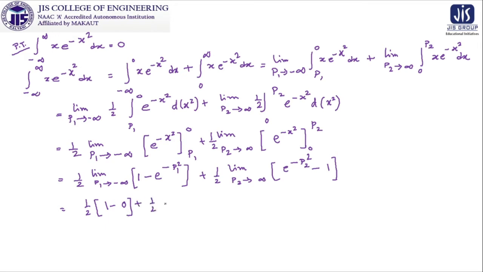Similarly, plus half, p2 tends to infinity, p2 square tends to infinity, e to the power minus p2 square means 1 by e to the power infinity, which means 0, then there is a minus 1. Okay, so what we get finally, half then minus half, so it is 0. So what we have to prove as asked, it is proved. So our job is done.